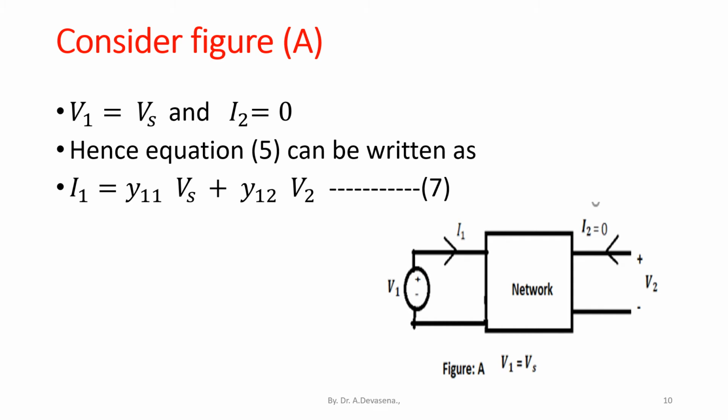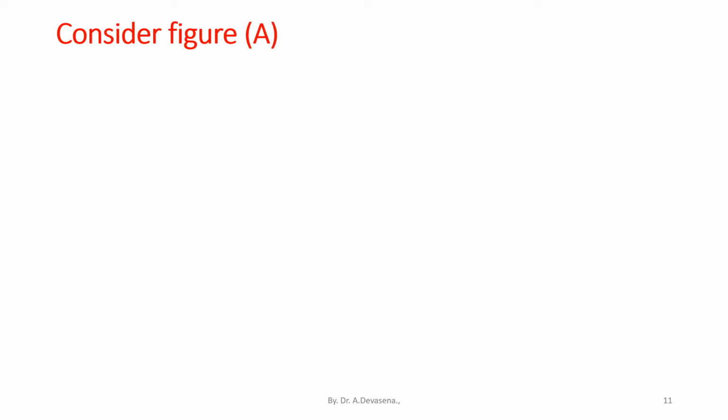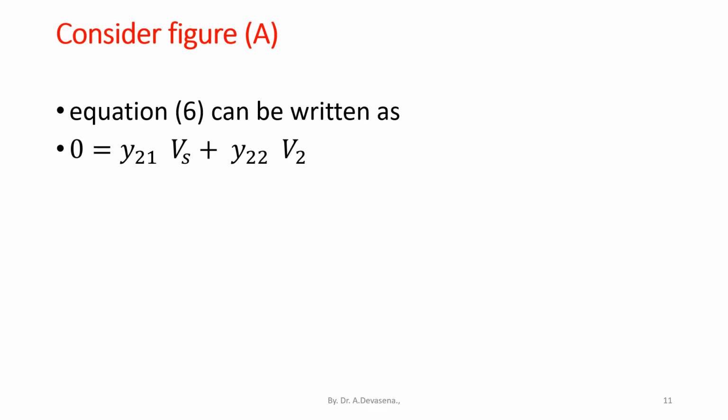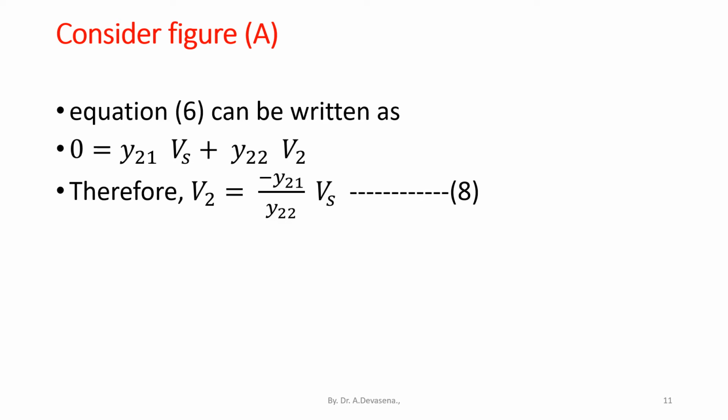Consider this as equation 7. Equation 6 can be written as 0 is equal to Y21 Vs plus Y22 V2, because we have considered I2 is equal to 0. Therefore, V2 is equal to minus Y21 Vs divided by Y22. Consider this as equation 8.